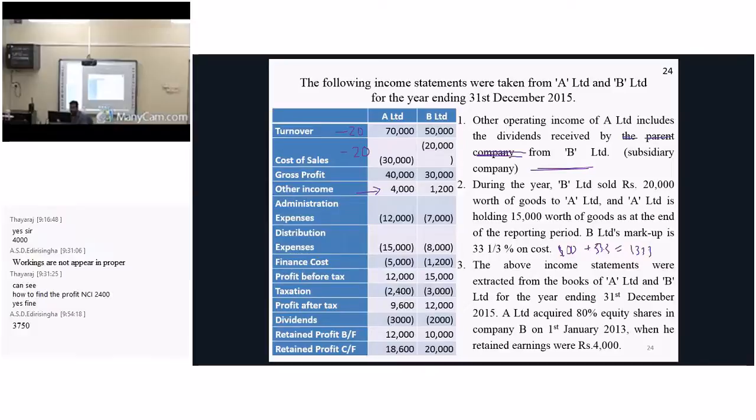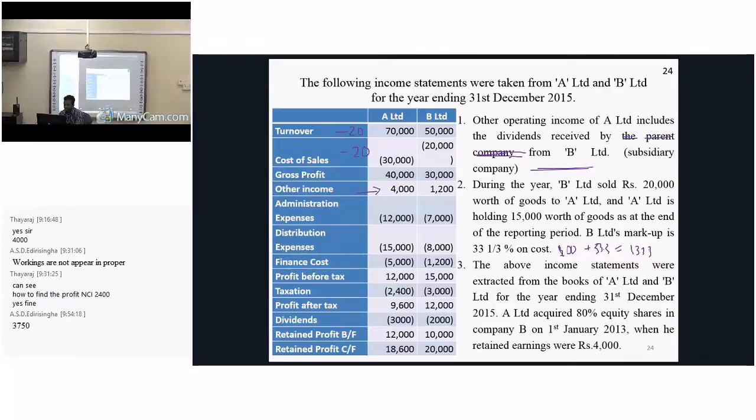Yes, Adil Singh? 3,750. Yes. How to know? Very easy. 15,000 divided by 133.33 into 33.33. Yeah, exactly 3,750.